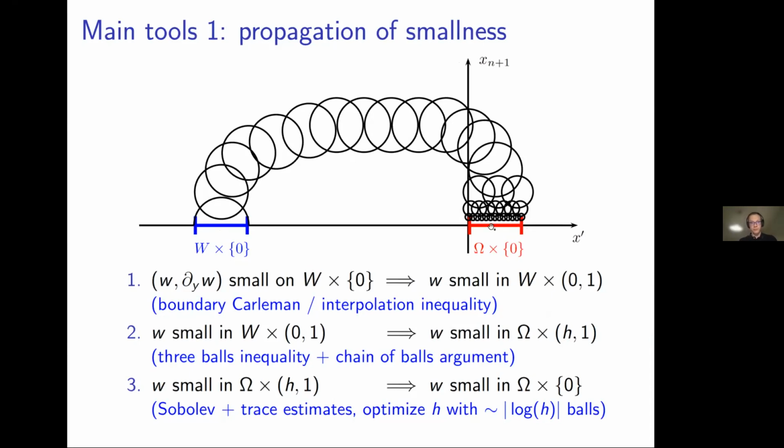Or you could think that the Dirichlet and Neumann data are small in this set, and you want to show that then the solution has to be small in this set as well.